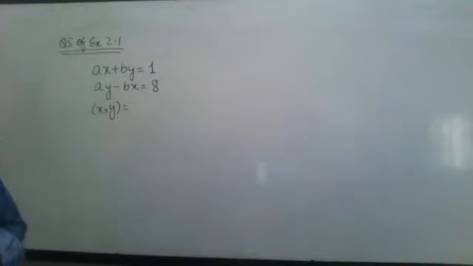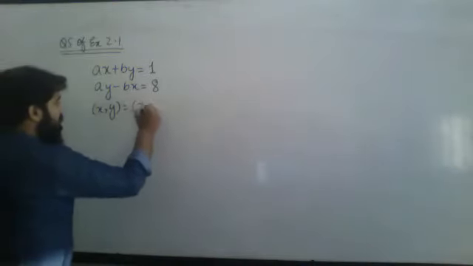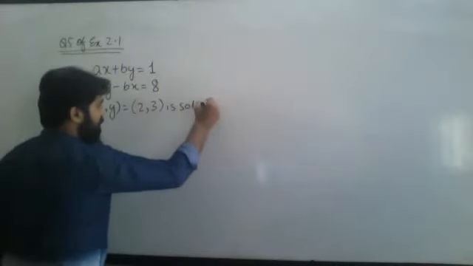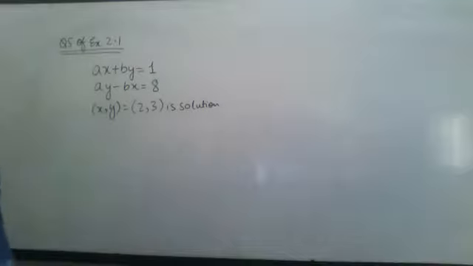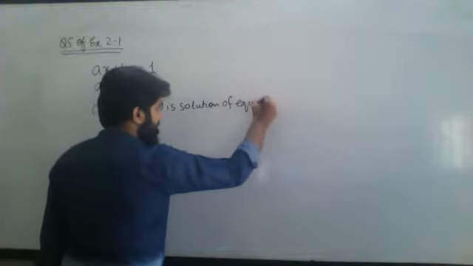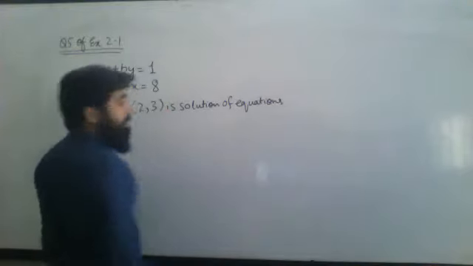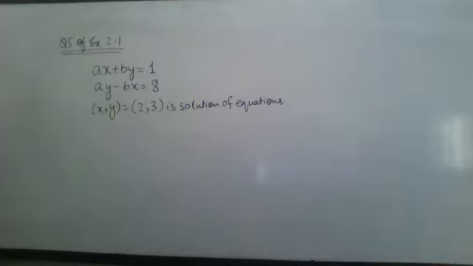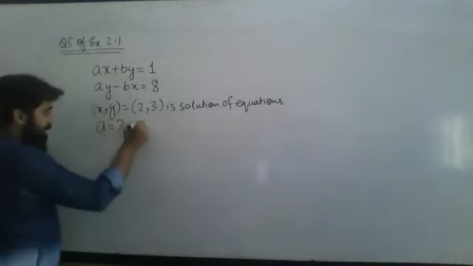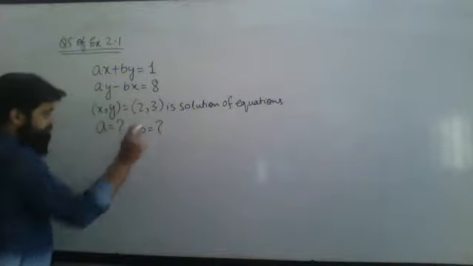After that they have written that (x, y) equals (2, 3) is a solution of the given equations, and I have to find the value of a and the value of b.